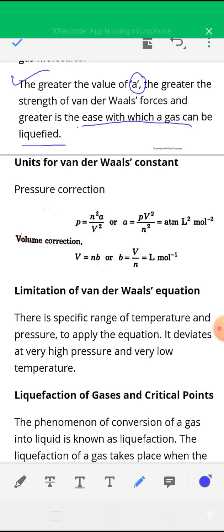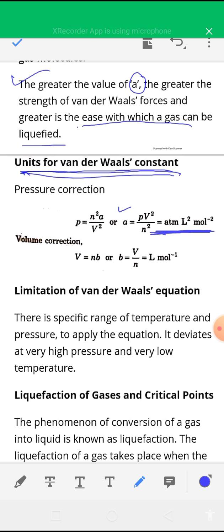Now see the unit of van der Waals constants. You have to remember the units of van der Waals constants small a and small b. The unit of a is atm liter square per mole square, that is atm L² mol⁻². Constant a is related to the pressure term, so its unit can be calculated like this.